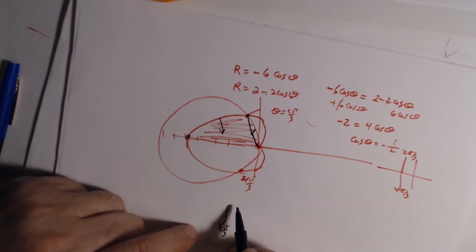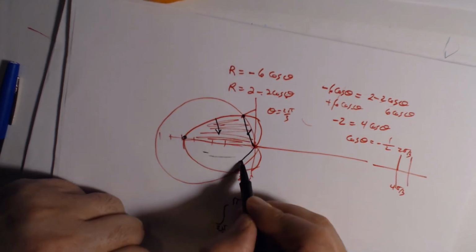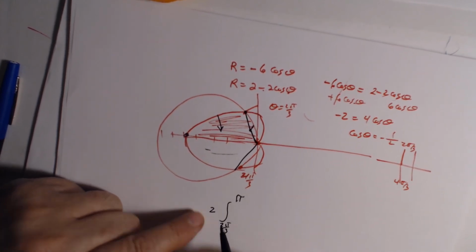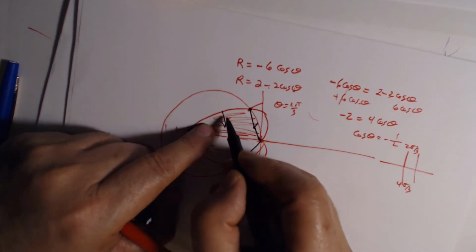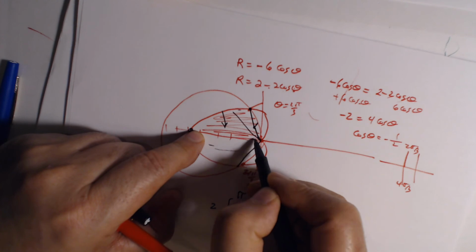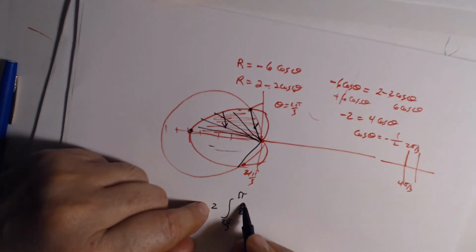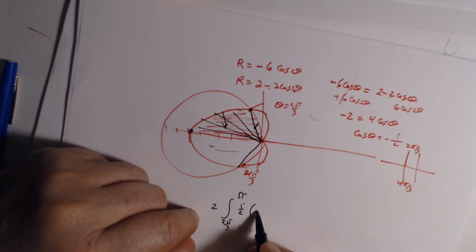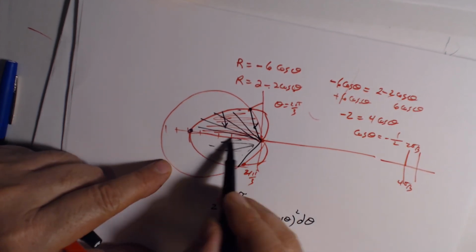I have to double it, and also I'm going to cut this one. Double it for that piece, 1/2. Which r am I using? I'm using the r of the cardioid, not the circle. And the r of a cardioid is 2 minus 2 cosine theta squared d theta. That takes care of these two pieces.